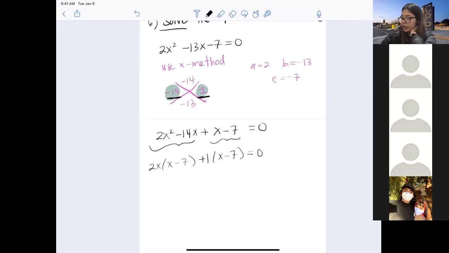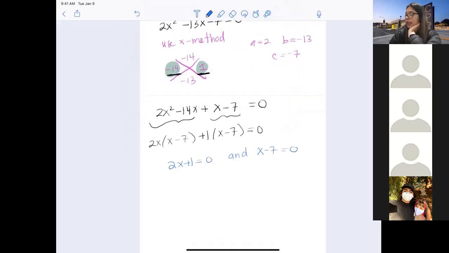Now you notice that your factorization gives 2x plus 1 equals 0 and x minus 7 is equal to 0, your factors. You have to solve for both because you're going to end up with 2 solutions at the end of the day. Subtract 1 from both sides, you get 2x equals negative 1, x equals negative a half. This is one answer.